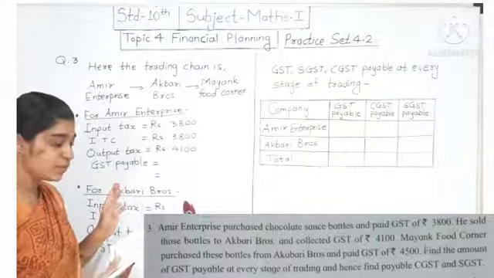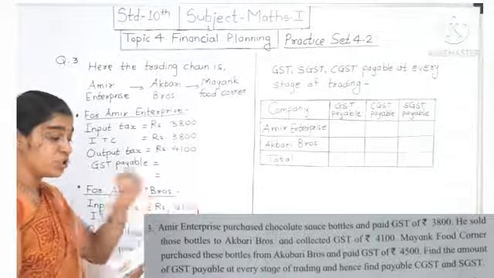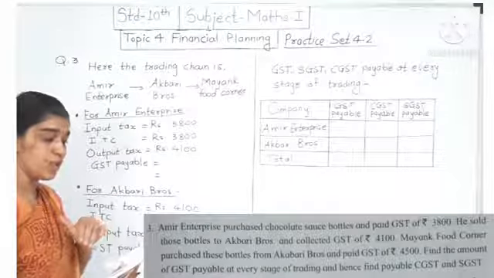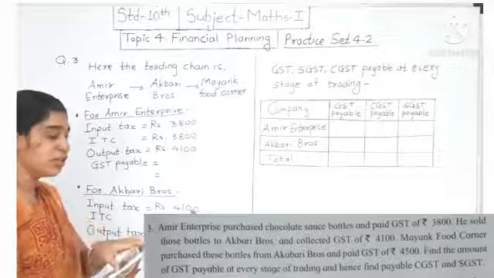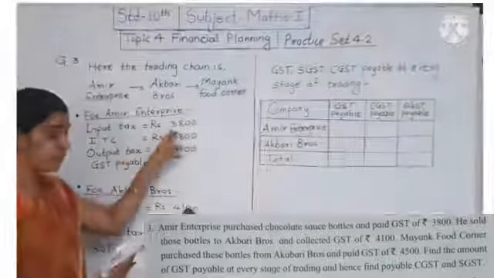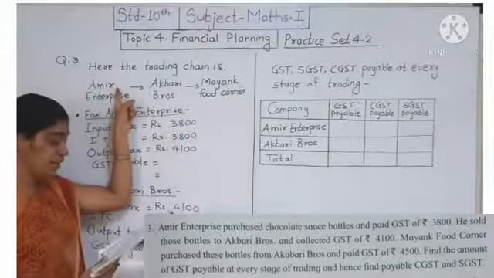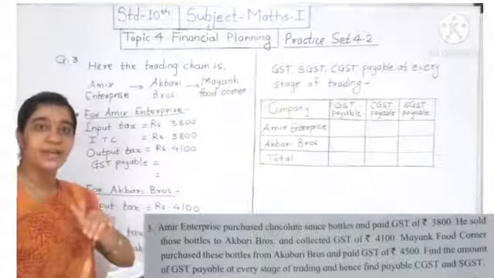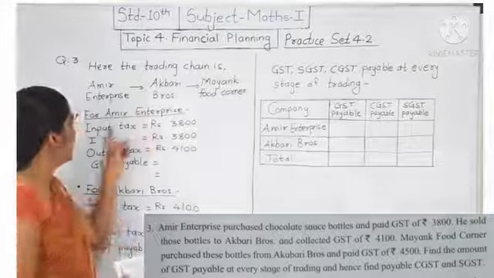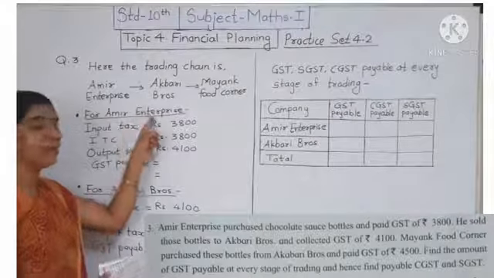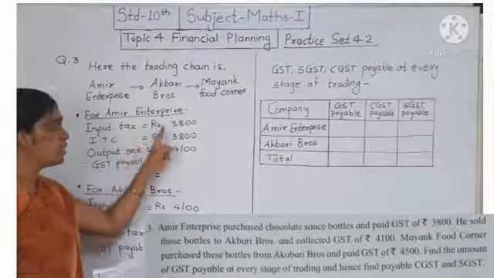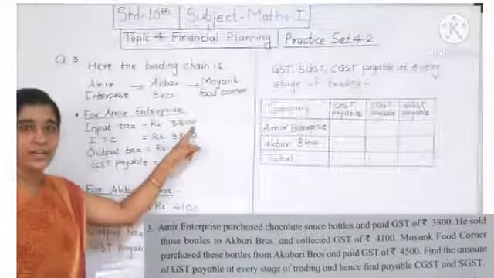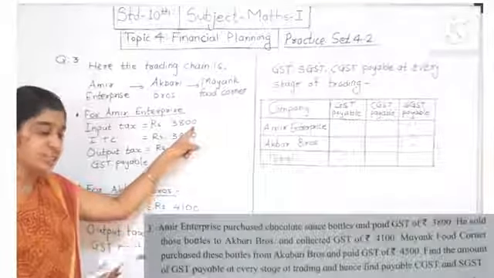First, see, Amir Enterprise purchased the chocolate sauce bottles and paid a GST of 3,800. Means Amir Enterprises at the time of purchase paid some tax. We call it input tax. So for Amir Enterprises, input tax is rupees 3,800 at the time of purchase.